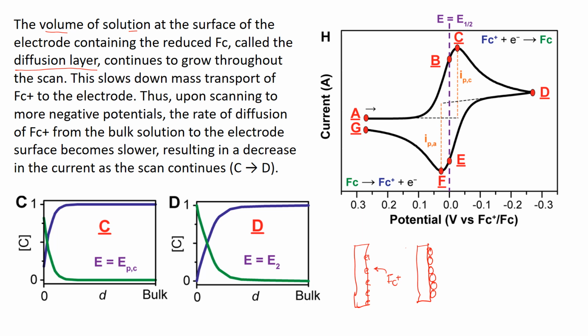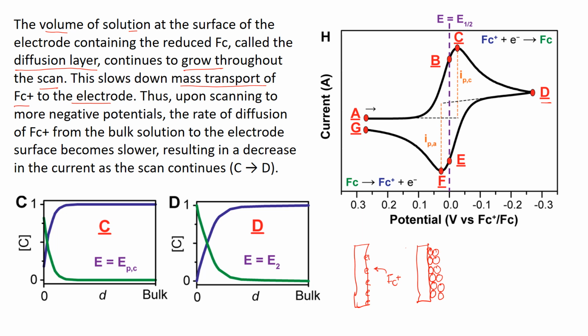Now as and when you increase the potential, that means more and more electrons are on the surface, and this continues to grow throughout the scan from A to D, the diffusion layer keeps increasing. And once it increases, this slows down the mass transport of Fc plus to the electrode. Now what does this mean?